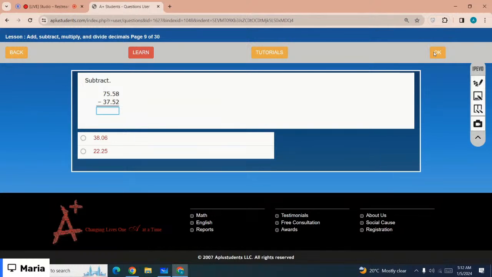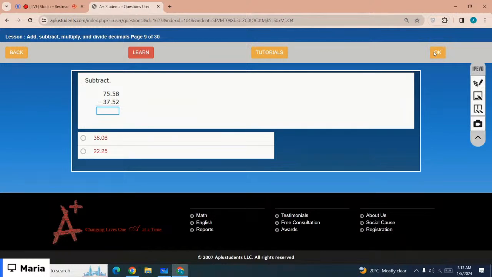Which is the correct option? Yes, very good.